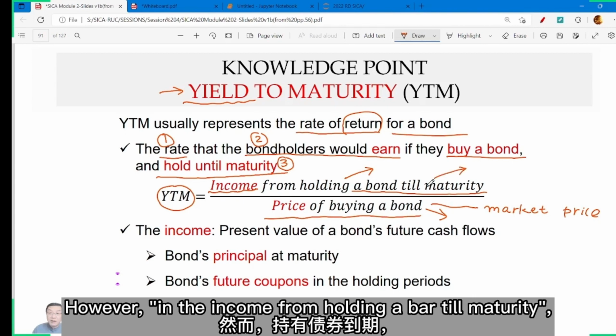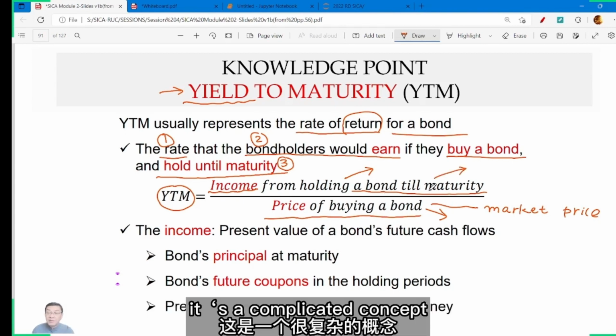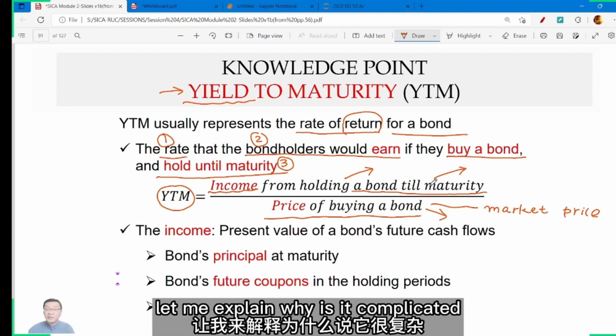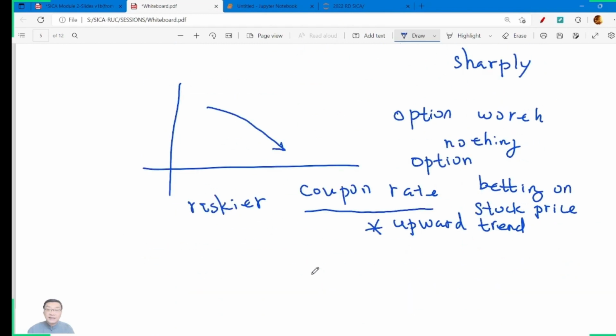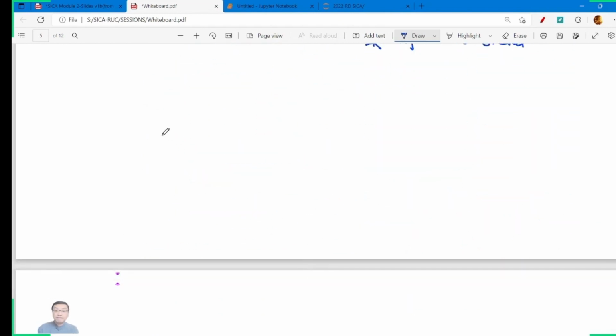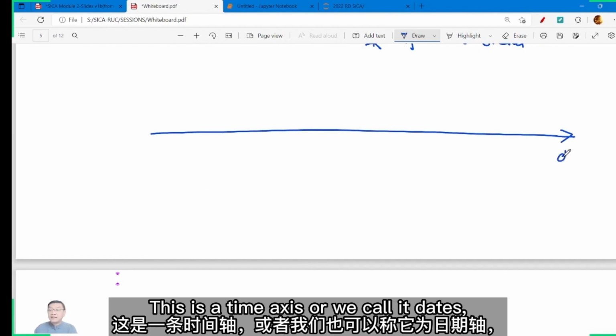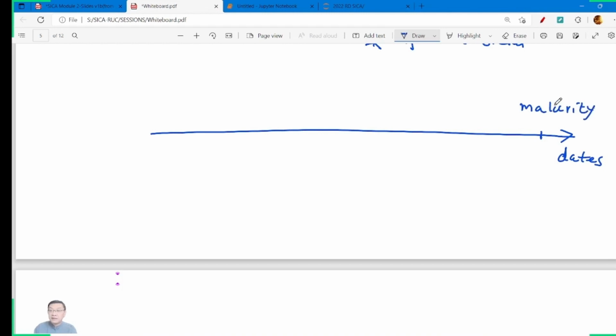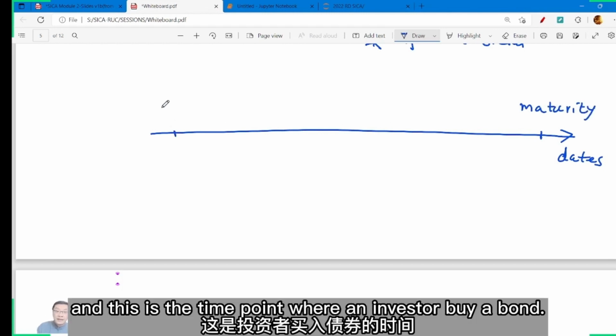However, the income from holding a bond till maturity is a complicated concept. Let me explain why it is complicated. This is a time axis, or we call it dates. Suppose here is the maturity of a bond. And this is the time point where an investor buys a bond.